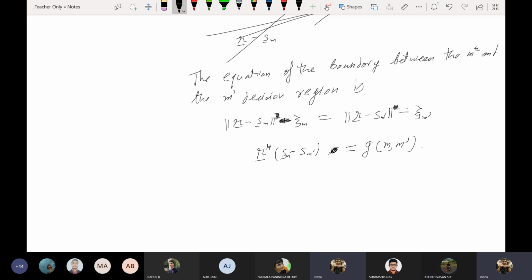What matters is that all these boundaries reduce to planes, which is obvious from the structure of the equation. So in the n-dimensional space, the boundary between two decision regions will be an n-dimensional hyperplane.